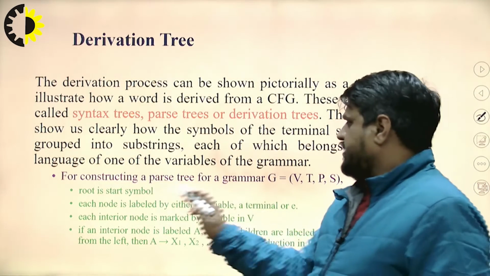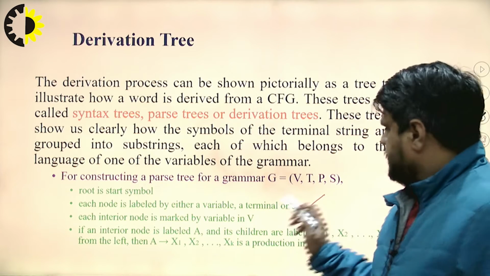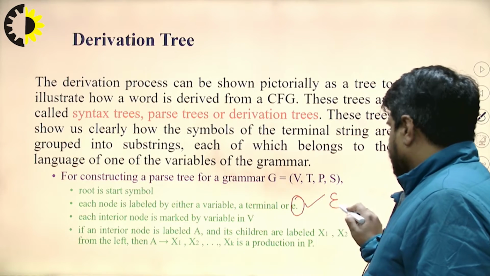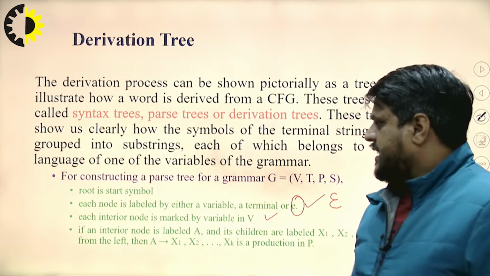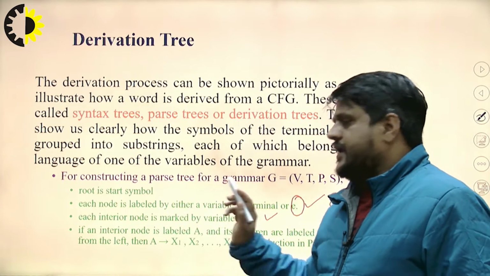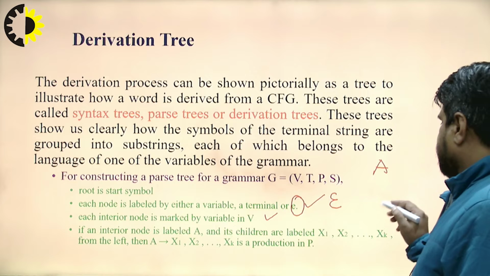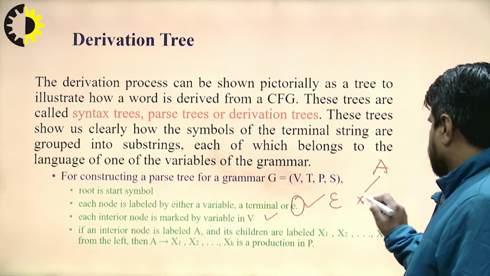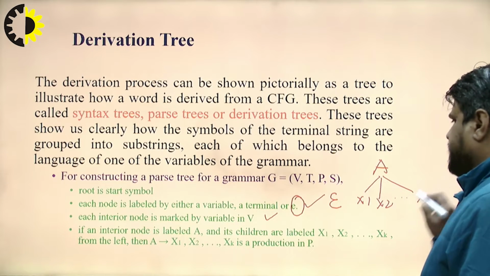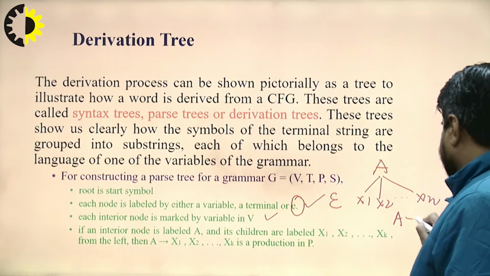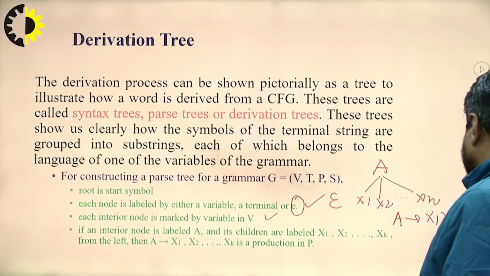After that, each node is labeled by either a variable, a terminal, or epsilon. Each interior node is marked by a variable. If an interior node is labeled with A and its children are labeled x1, x2 and so on up to xn, then there is a production A tends to x1 x2 ... xn in the grammar.